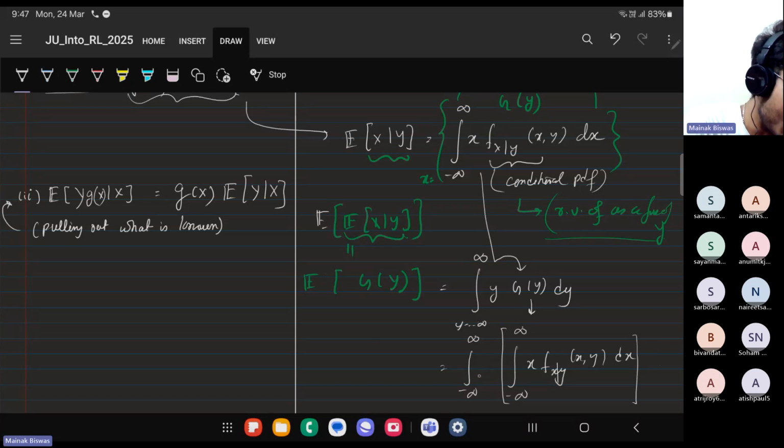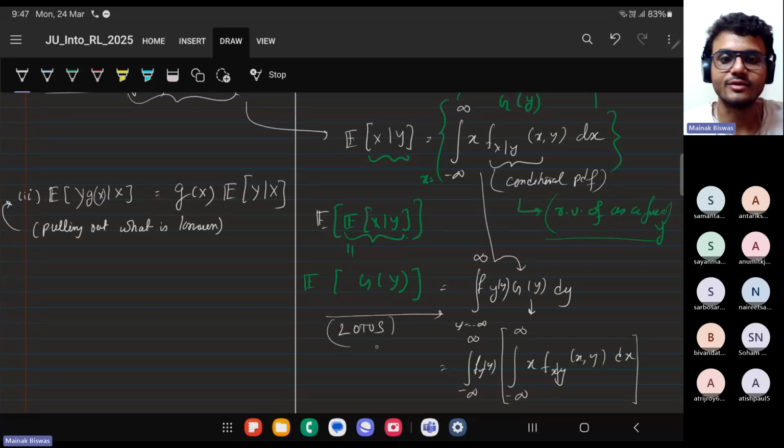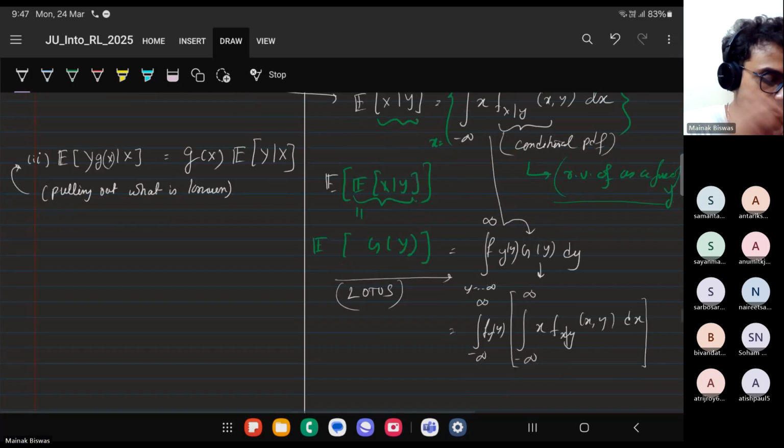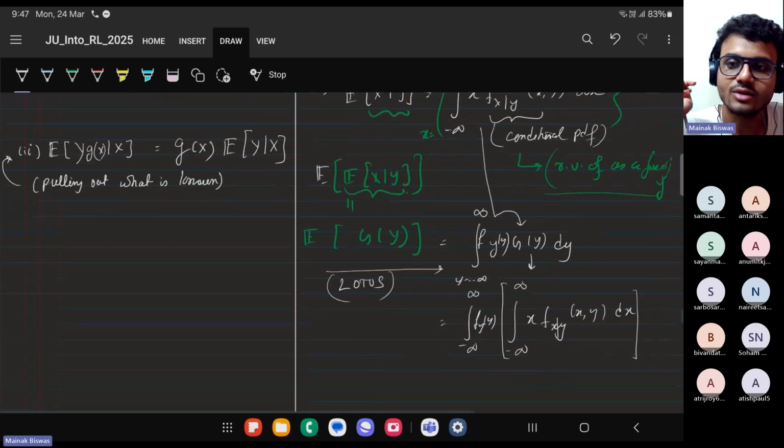Sorry, again, f of y. Again, if I am making these errors, please tell me. So it's again LOTUS. The expected value of a function is the integral of that function against the PDF. Fine. Any questions?